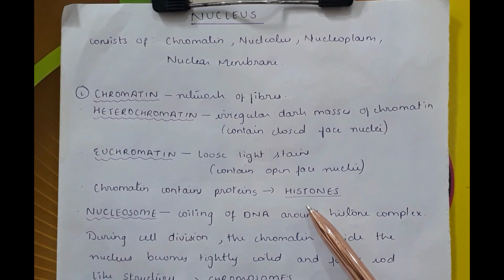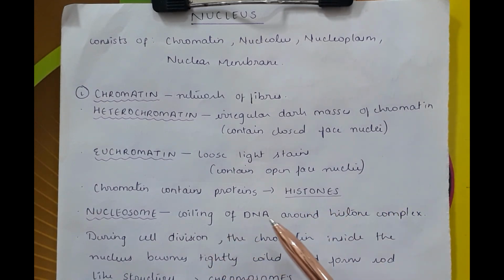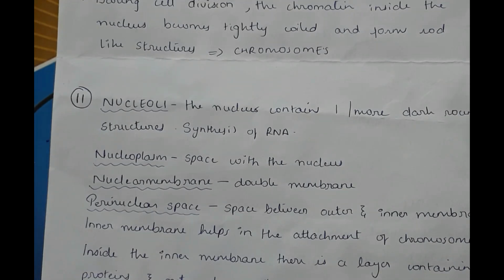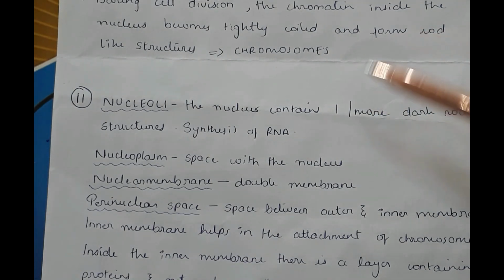Chromatin contains proteins called histones. Nucleosome is the coiling of DNA around the histone complex. During cell division, the chromatin inside the nucleus becomes tightly coiled and forms rod-like structures called chromosomes.